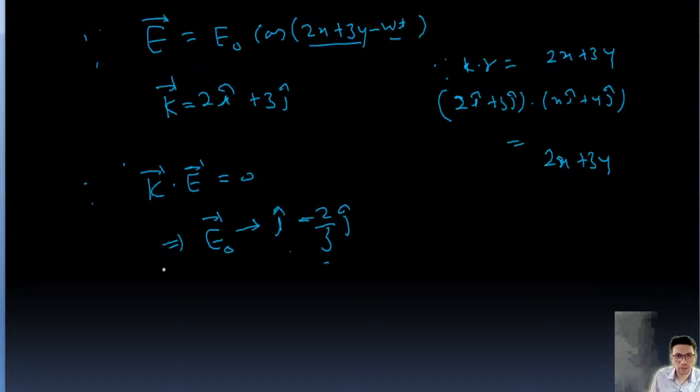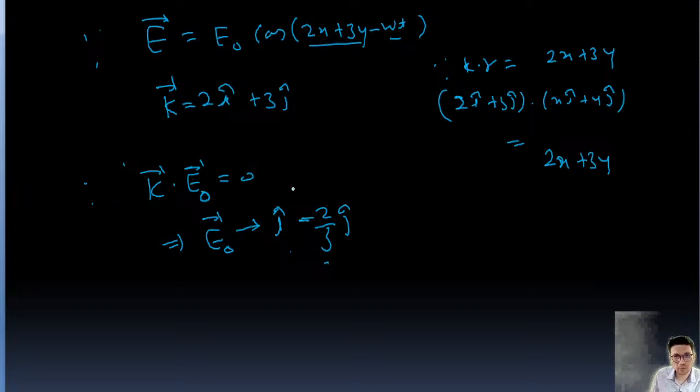But first, I'll show you, this is E naught, guys. k dot E naught equal to 0, we'll say.